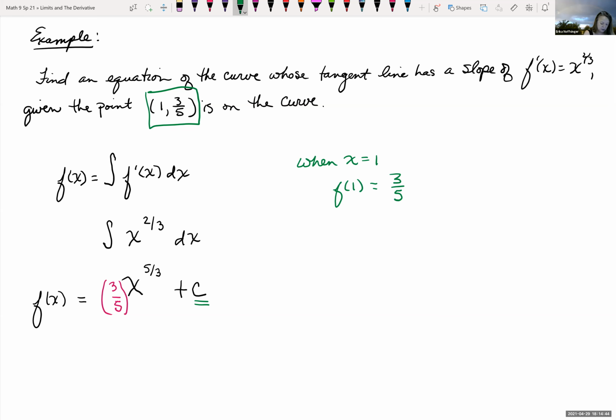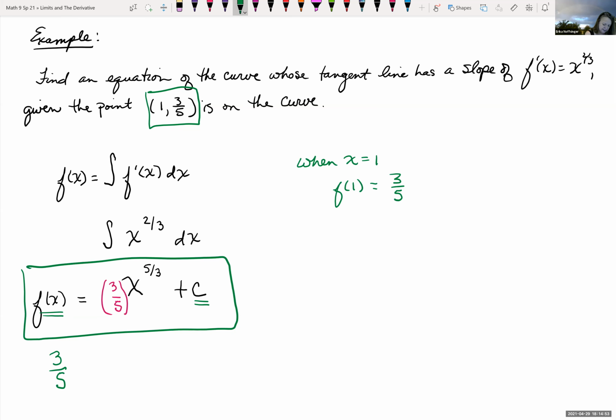So let's go into this function. We're going to let f of x equal our y value when x is 1. So 3/5 is equal to 3/5 times x, but x is 1 here, all raised to the 5/3 plus c.